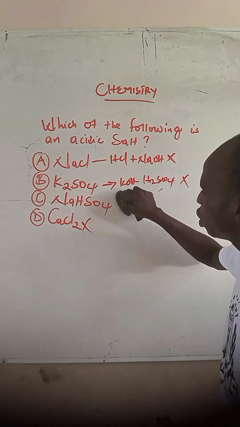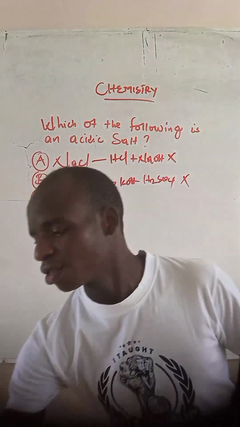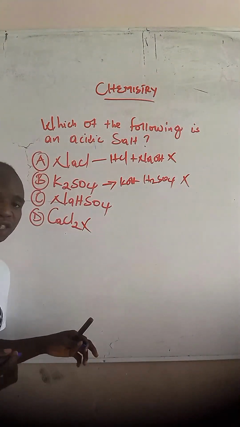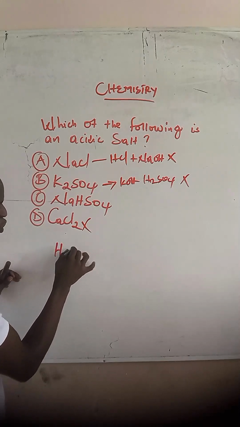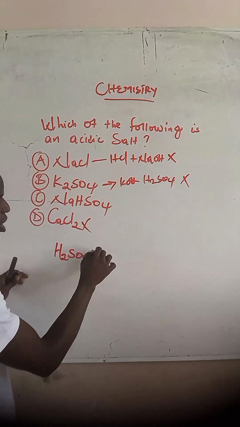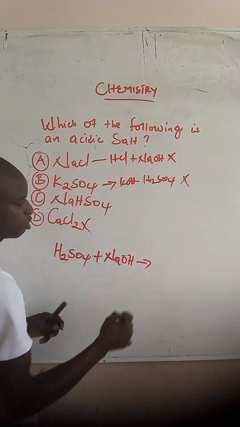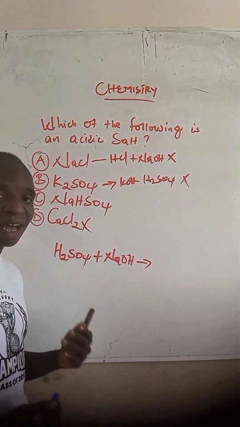Now let's check how this very acidic salt is formed. Okay, so it's a reaction between what? Between sodium hydroxide and sulfuric acid. Now let's have that very reaction written, all right? So look at it. We have sulfuric acid, which is H2SO4, okay, reacting with sodium hydroxide. And of course, a salt is formed when all or parts of the replaceable hydrogen ions in an acid are what?